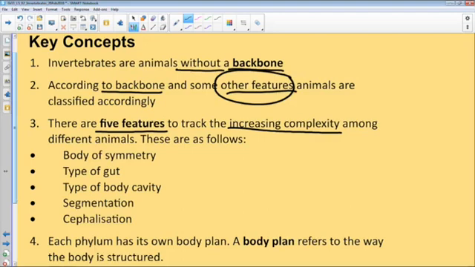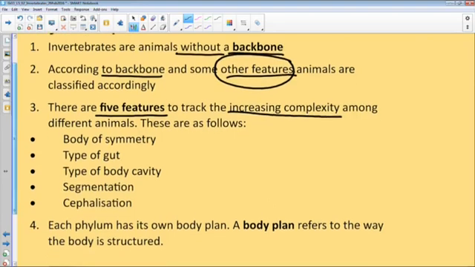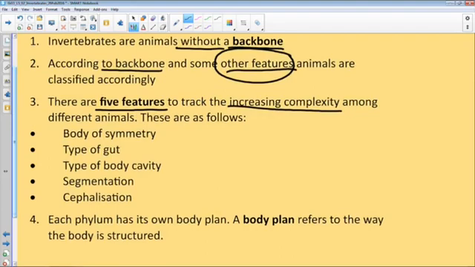With these, we're going to spend some time looking at what each of these features are in terms of how to identify them in the organisms and how to use these to determine the degree of complexity and the degree of relatedness with other organisms having similar characteristics. So what we're looking at today is these key features and how they are used to distinguish organisms.